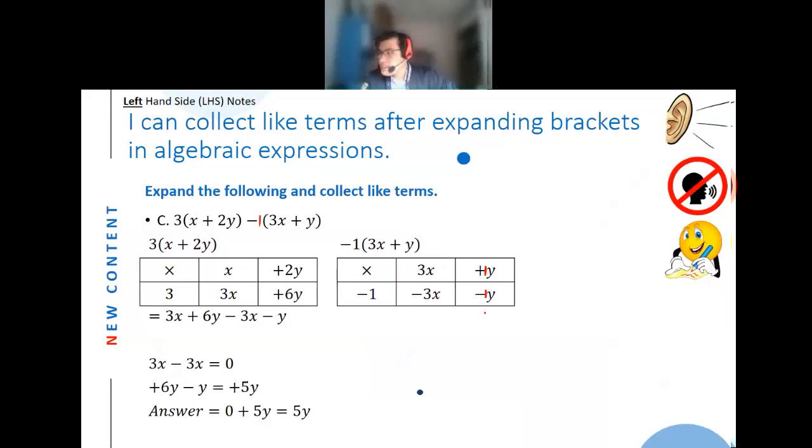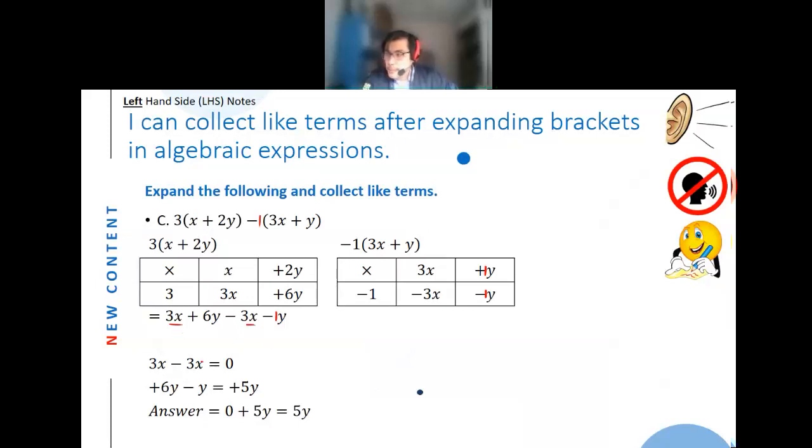1y. Okay, and now first of all, I'm going to rewrite everything without the brackets. So we have 3x plus 6y minus 3x and then minus 1y. I see here we've got the x and an x.